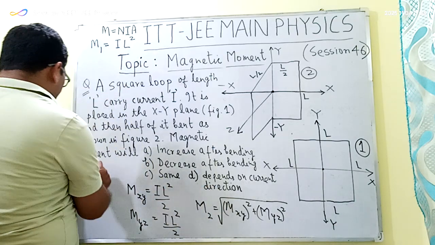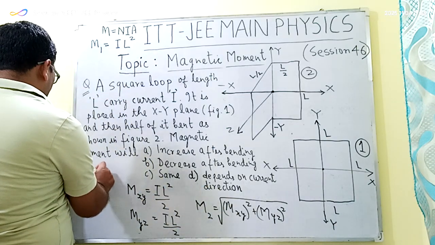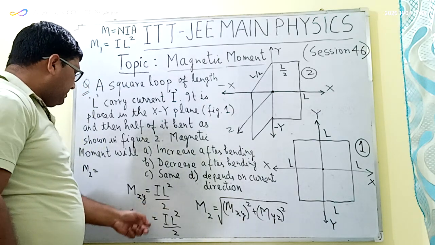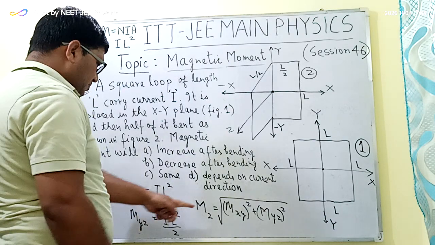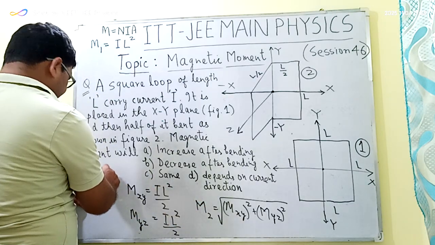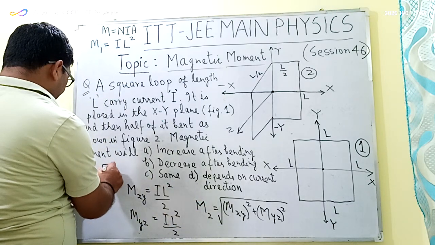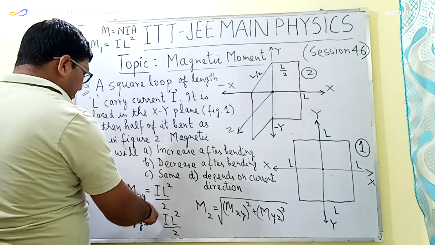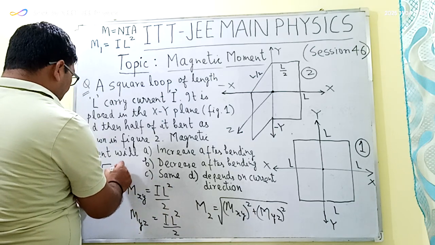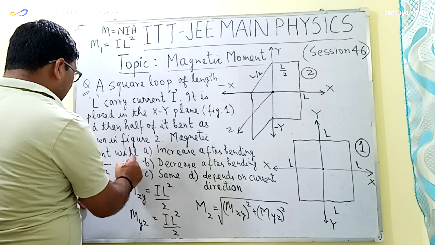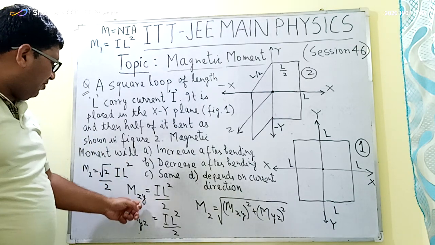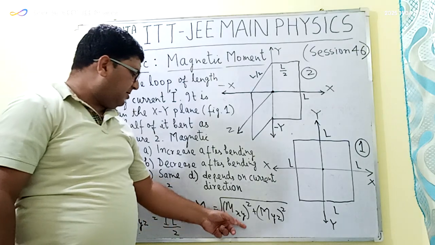So M2 will be equal to, here MXY and MYZ, the magnitudes of both the magnetic moments are equal. So the value of M2 will be equal to root 2 by 2 I L square, if I substitute the values of MXY and MYZ in this equation.